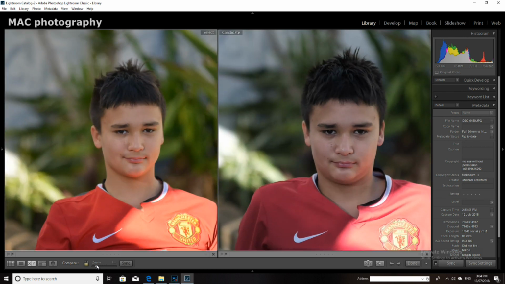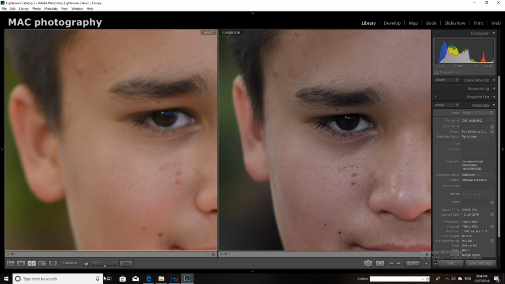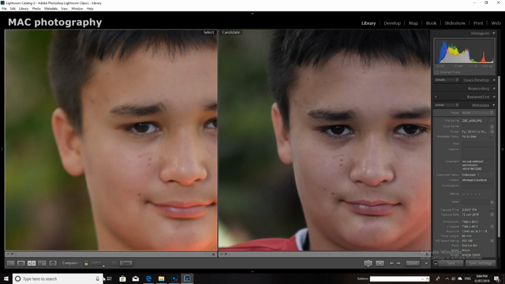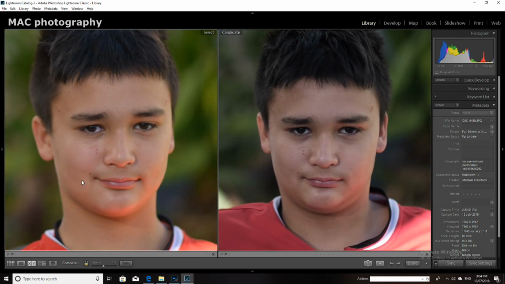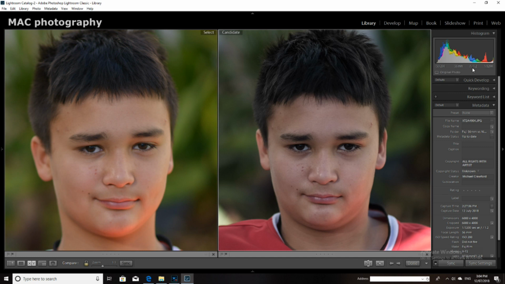The interesting thing to note is just how sharp the Fujifilm lens is. I know this isn't a sharpness comparison between these two lenses, but wow, it's just really off the chart sharp. This Fujifilm lens, you can see the eyelashes and everything, there's so much more detail with the Fuji, even though it's a much lower megapixel camera. Very interesting to note that.